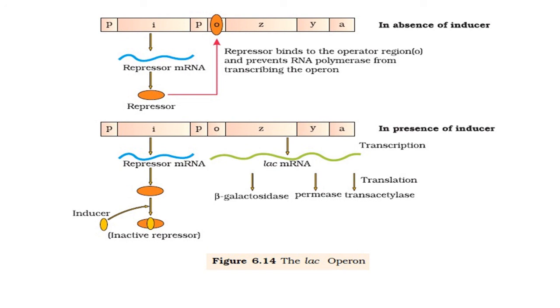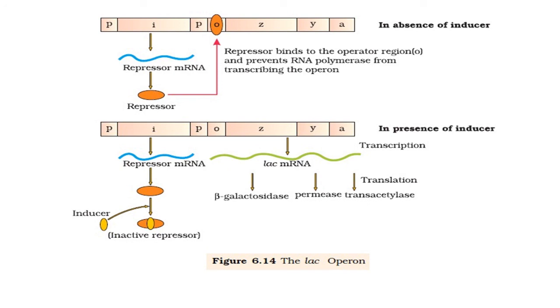The repressor of the operon is synthesized constantly all the time from the small i gene. The repressor protein binds to the operator region of the operon and prevents RNA polymerase from transcribing the operon. In the presence of an inducer such as lactose or allolactose, the repressor is inactivated by interaction with the inducer.